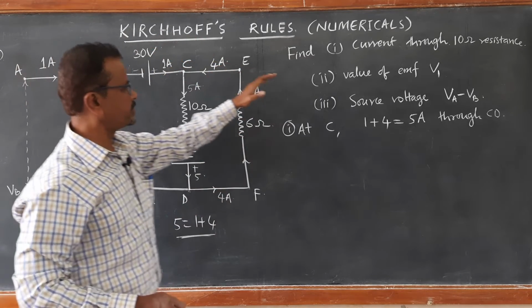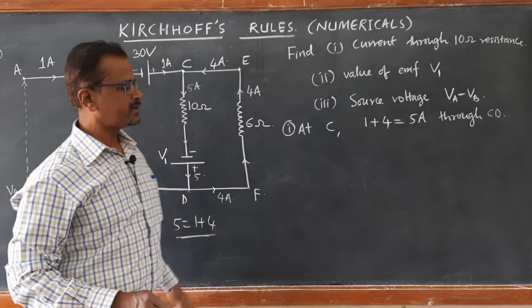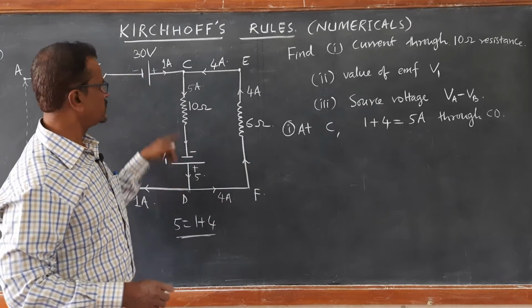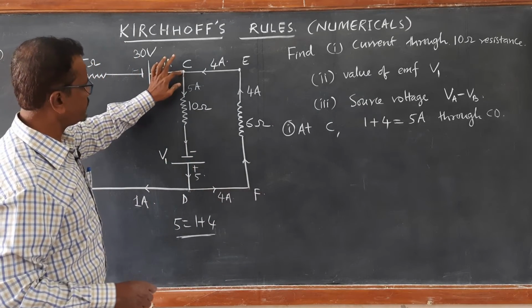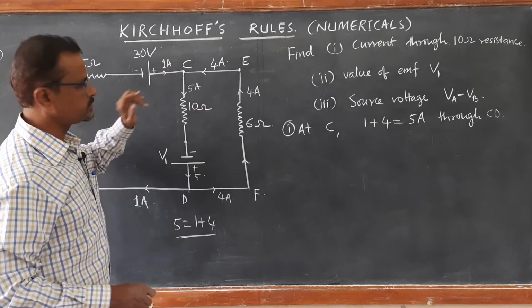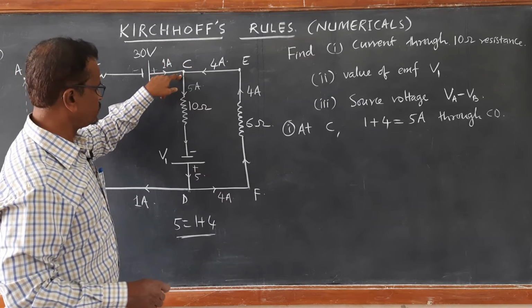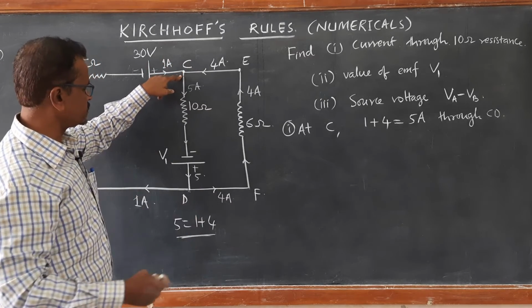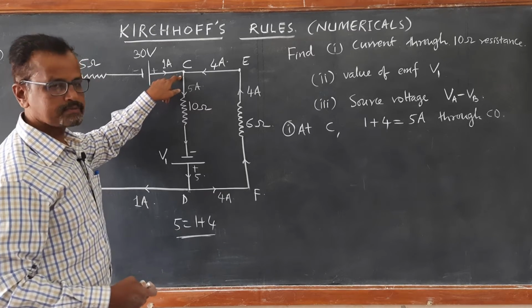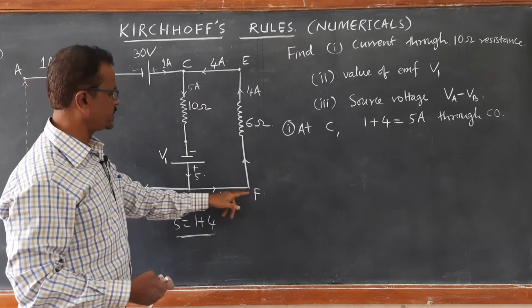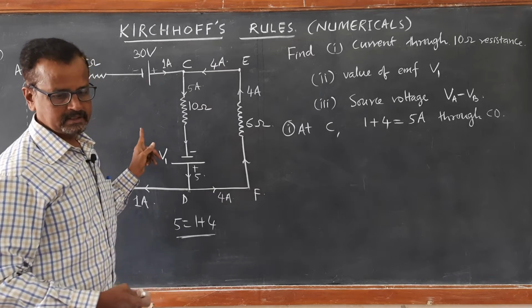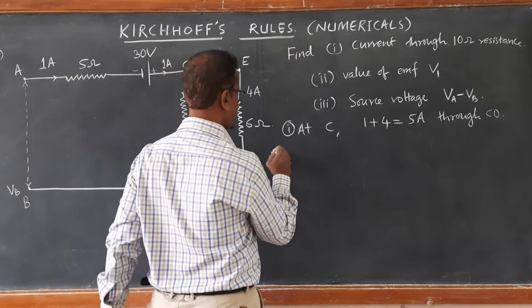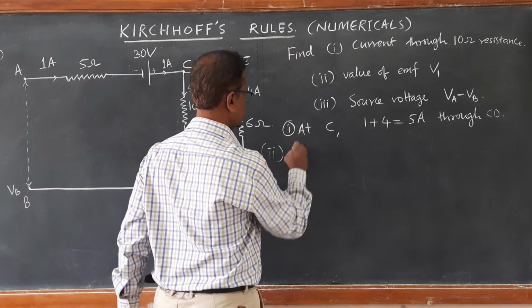Now we want to find out the value of EMF V1. To find that, apply KVL, Kirchhoff's voltage rule, to this loop CDFEC. This is for the second one.